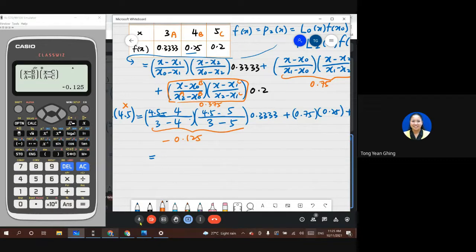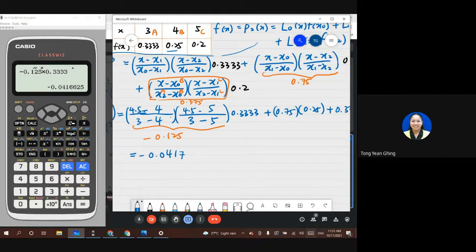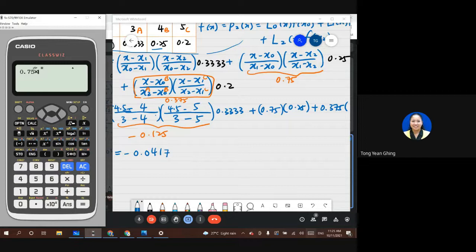Sorry, I'm wrong. Okay. So this one, negative 0.125 times 0.333. Then you get negative 0.0417.